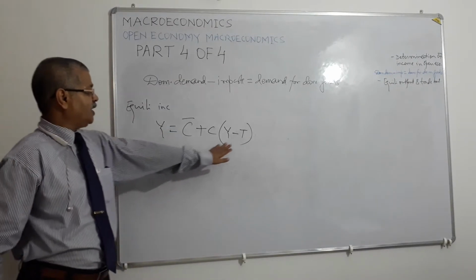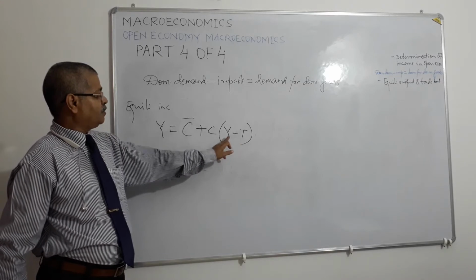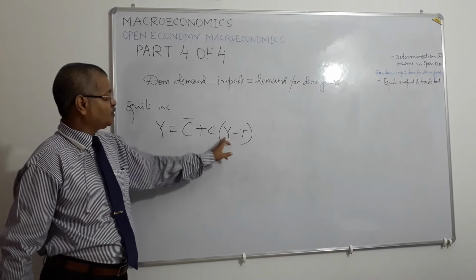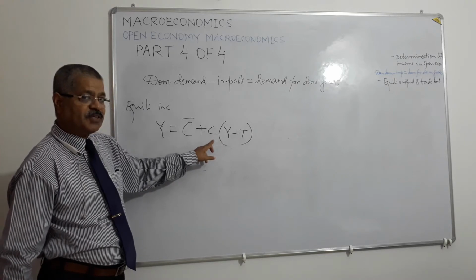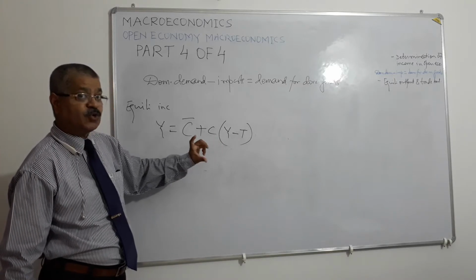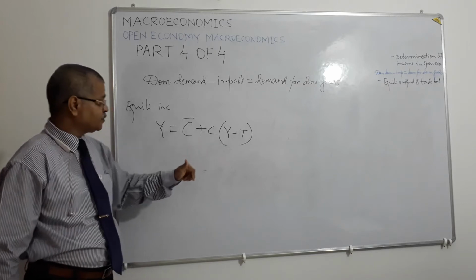This is disposable income. Income minus taxes is equal to disposable income, multiplied by marginal propensity to consume, which is a number between 0 and 1, right?